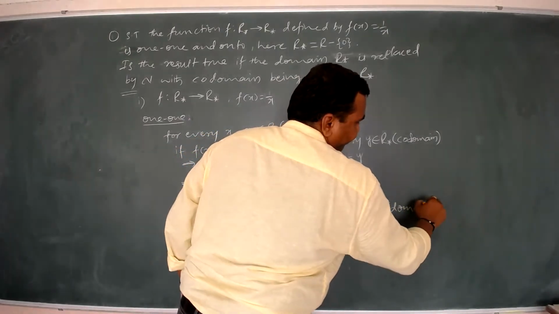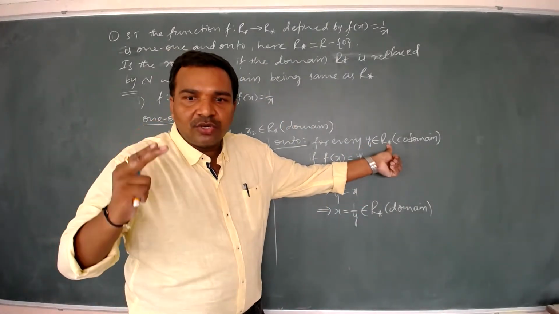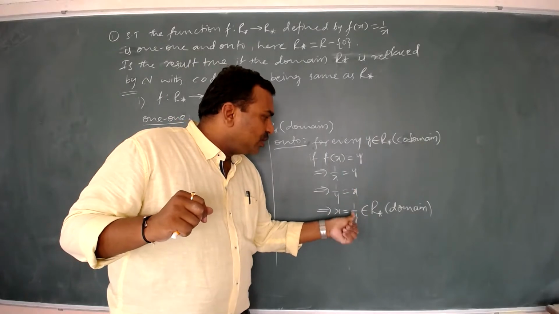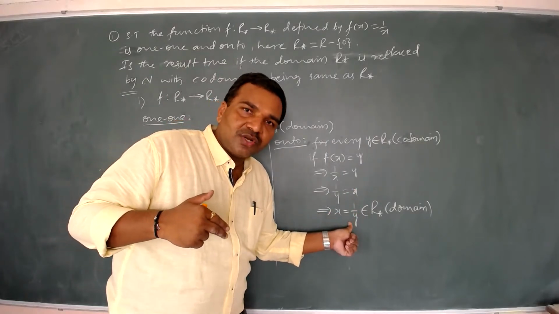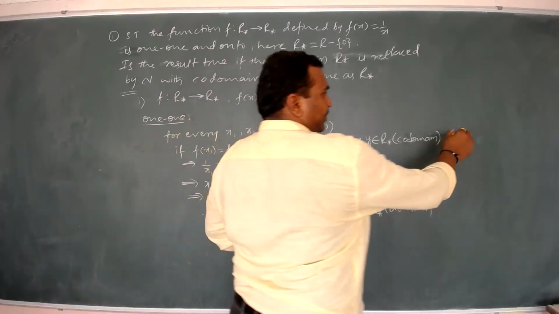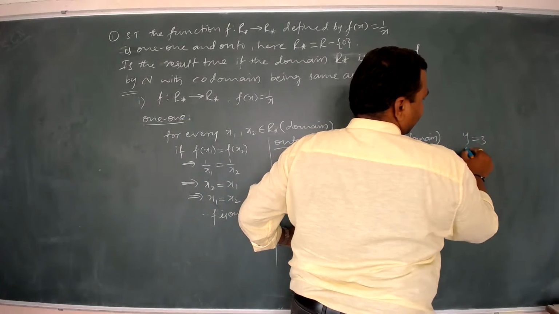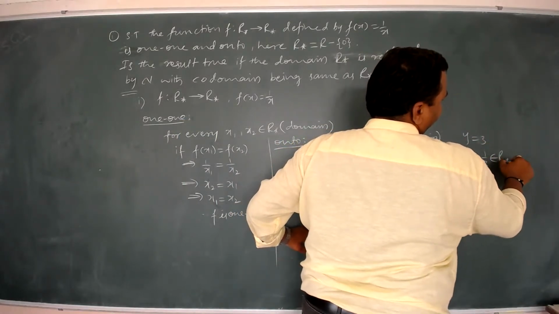Why? Try to understand now. What is y now? Y is a non-zero real number. 1 divided by a non-zero real number is again a non-zero real number. Correct now? Say, for example, I am taking y value as 3. What is 1 by y? What is 1 by 3? It is also a non-zero real number.